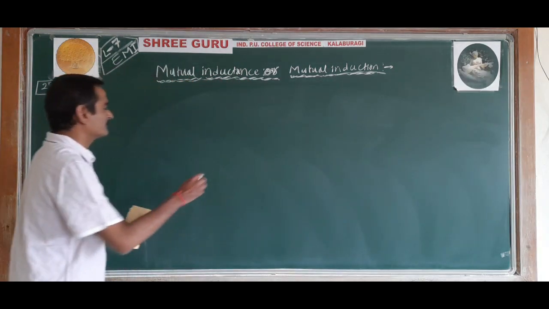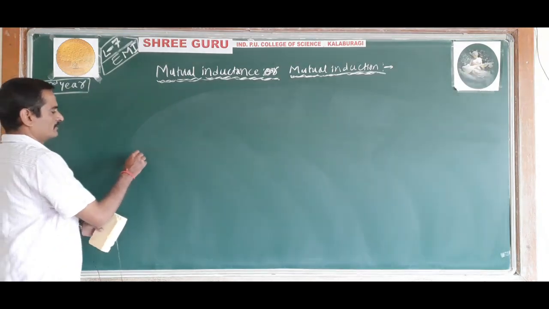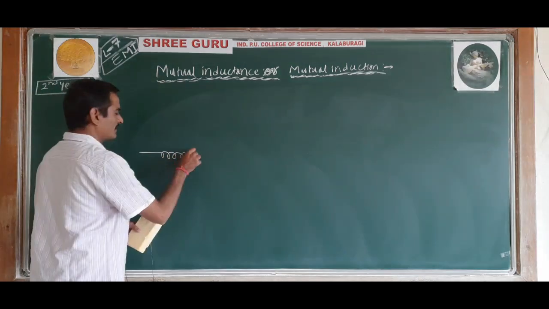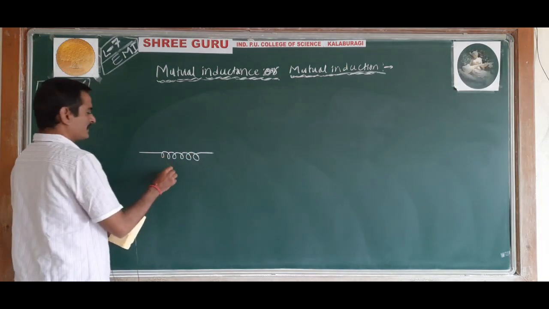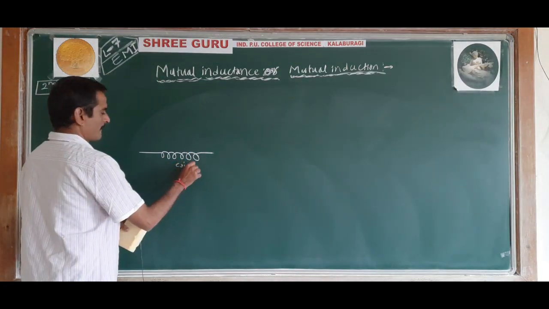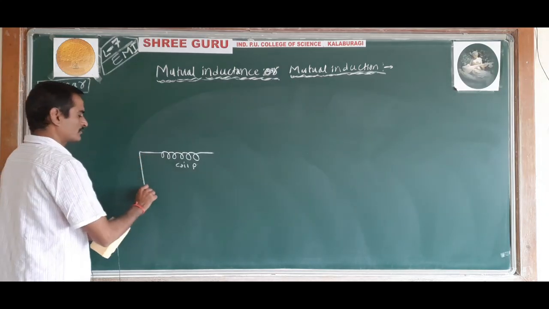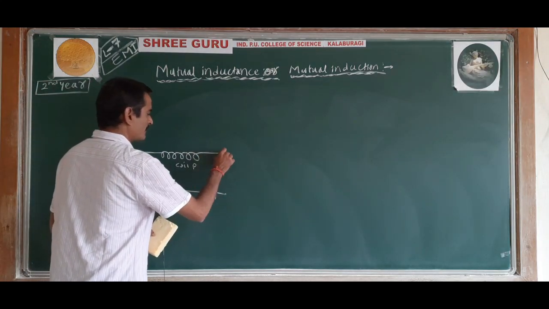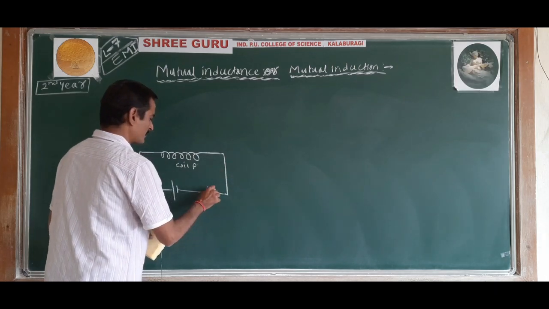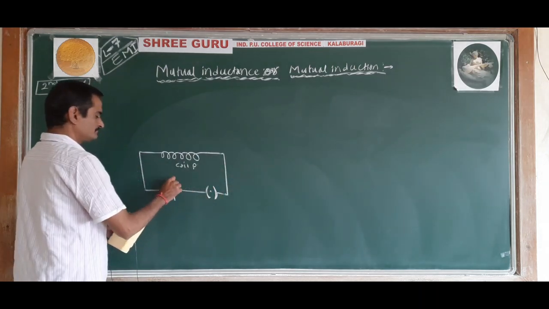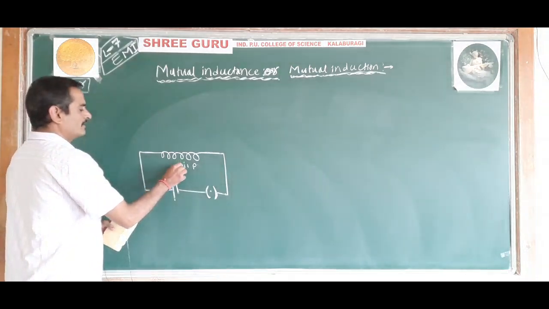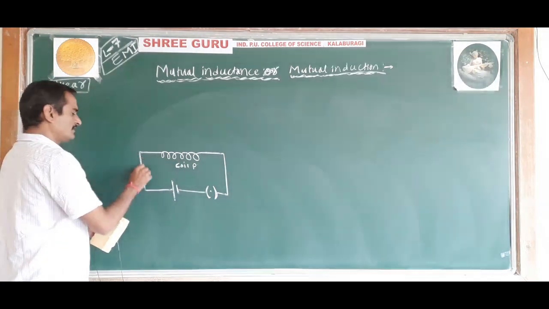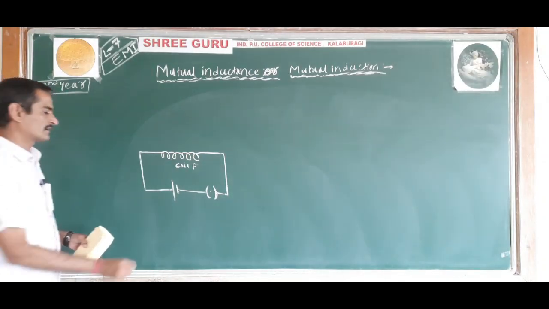So now let us see the complete explanation. Let us consider one coil, the primary coil, coil P. This coil P is connected to a battery and a plug key.